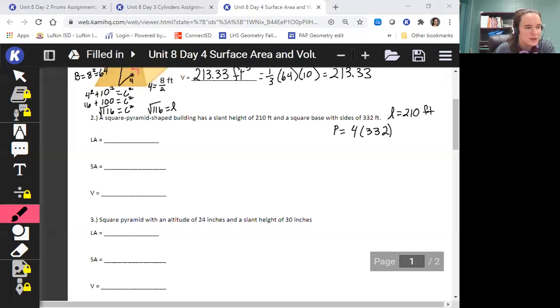And our perimeter is 1,328. And we need to find our area for our base. So we're going to do 332 squared. And that gets us 110,224.